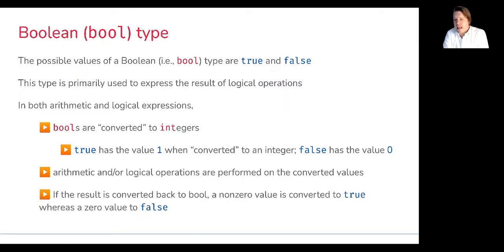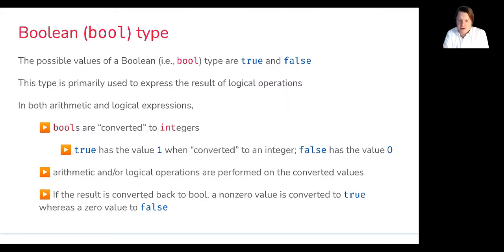If we were to include the Boolean variables in arithmetic or logical expressions, what we'll see, and I'll be sure to highlight this in the next lesson when we are talking about expressions in greater detail, is that we can't add a true and a false. So what's always going to be done first is these will be converted to integers.